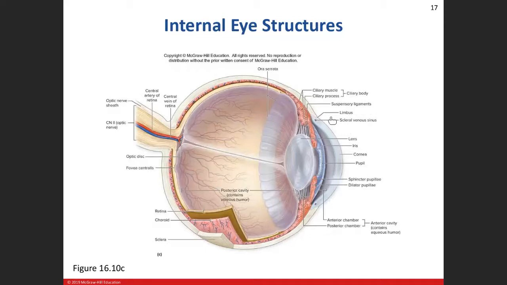So when our aqueous humor is being produced, it can flow out of the posterior chamber into the anterior chamber. And then you've got the scleral venous sinus here. We can drain our aqueous humor off if the pressure gets too high. In glaucoma, that's when we have an issue.